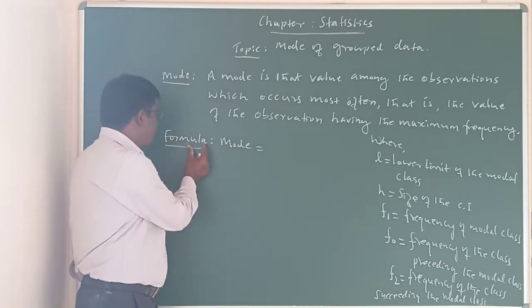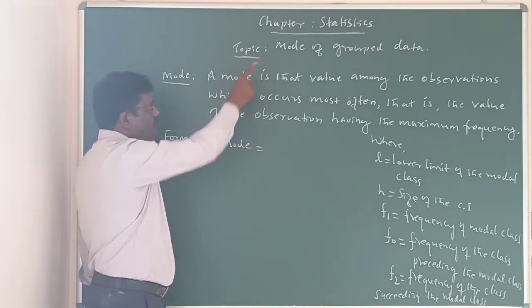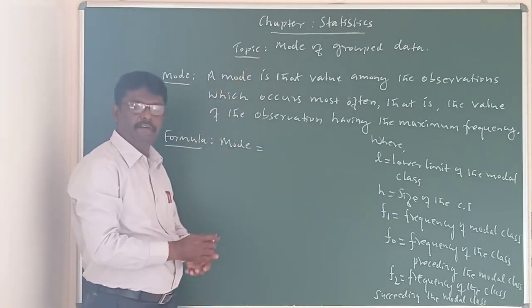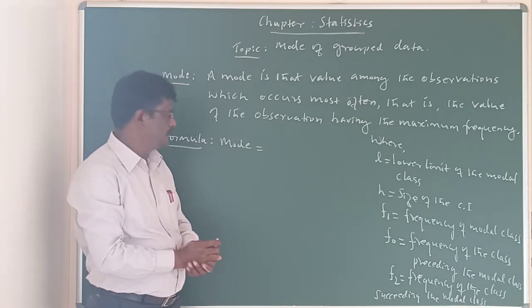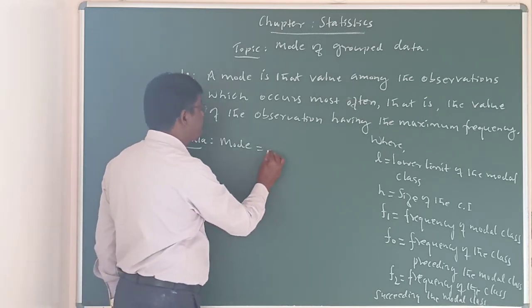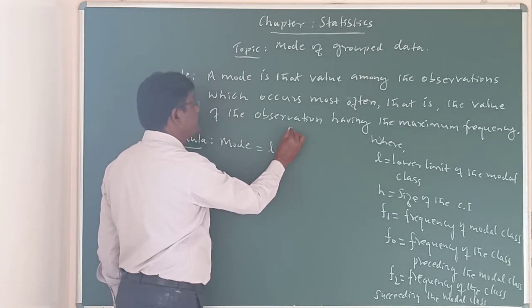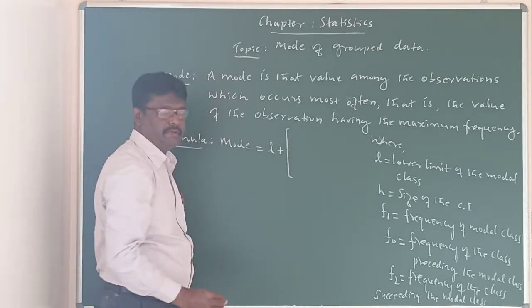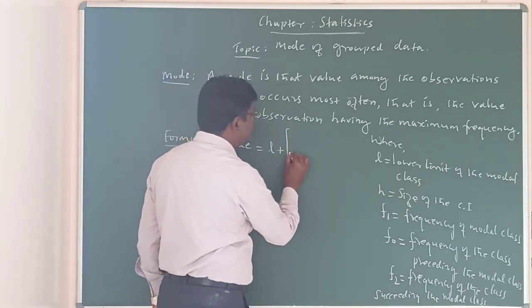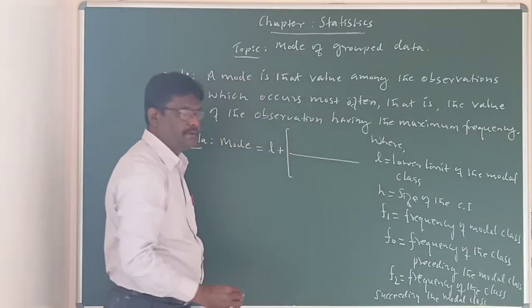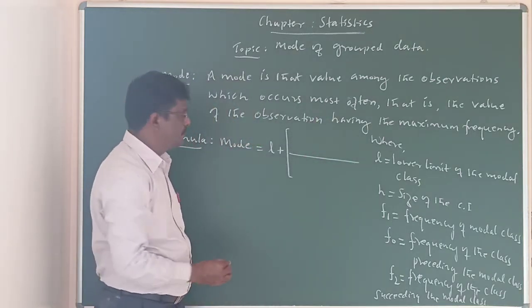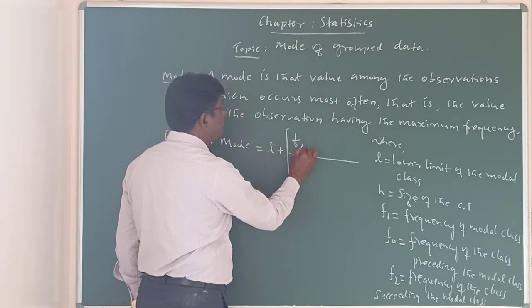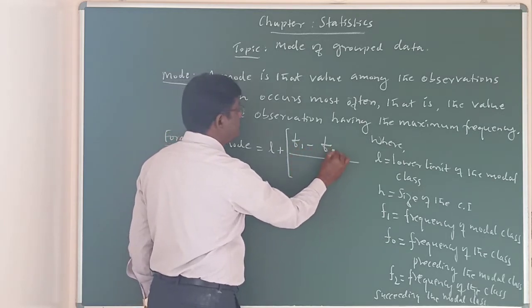The formula used to find mode in case of grouped data is mode equal to L plus, use a square bracket, then division line, F1 minus F0.